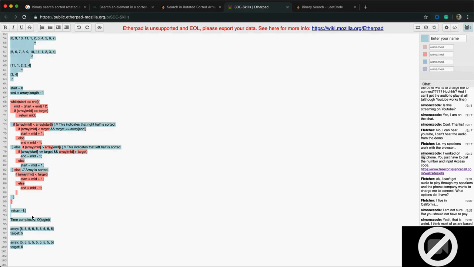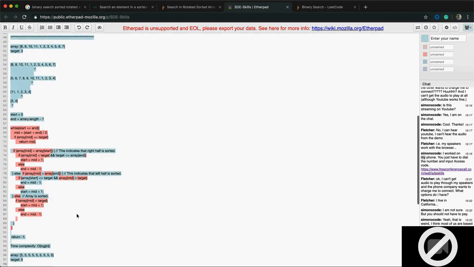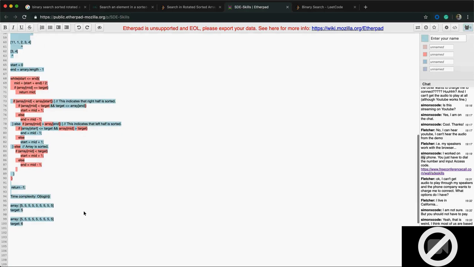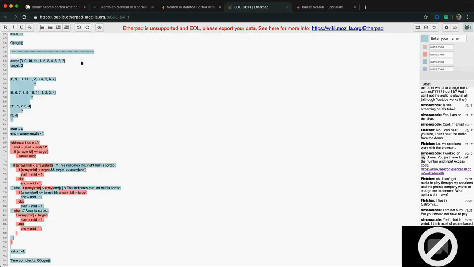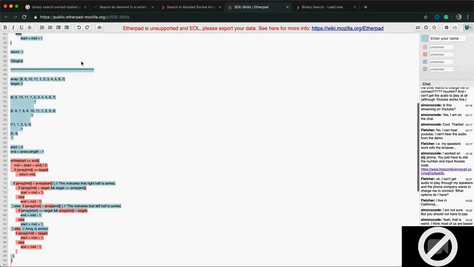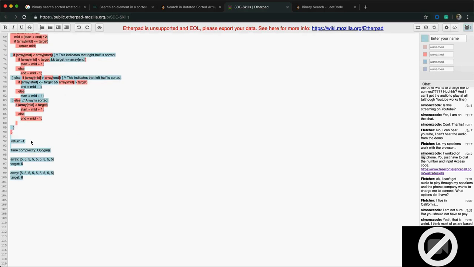So another question is, if the array itself has negative numbers, would this work? In a given array, it's got negative numbers. So let's take an example. Yeah, then we can't do the return -1. We should throw an exception or something. Yes, that's one thing.